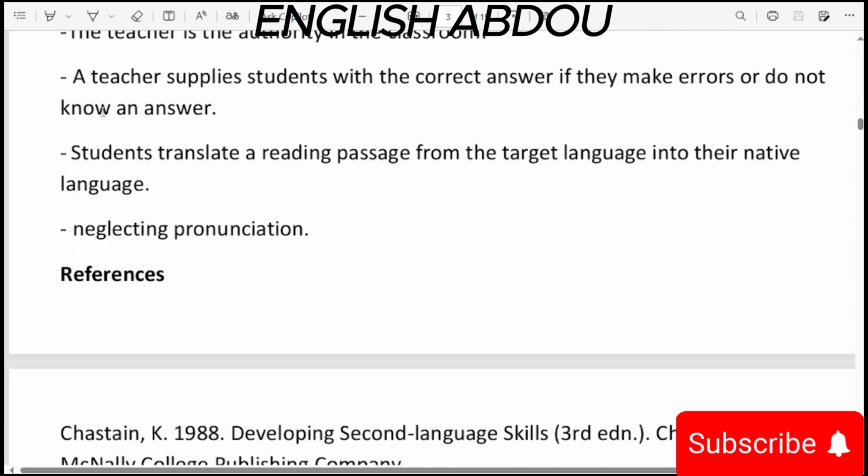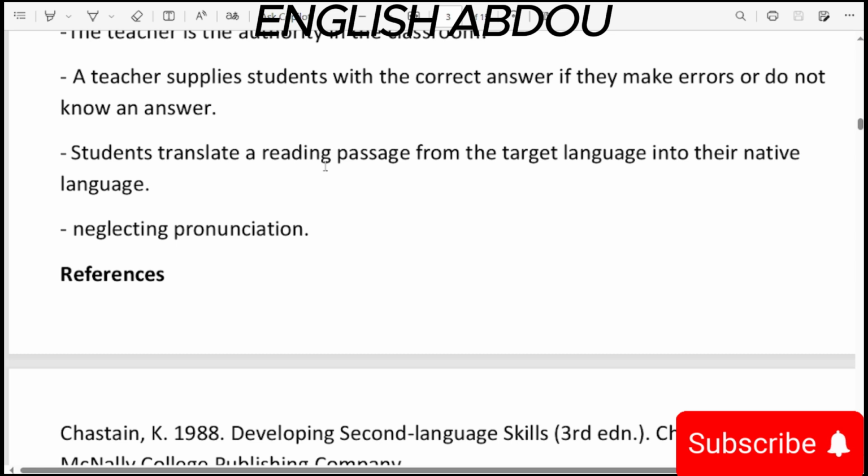A teacher supplies students with the correct answer if they make errors or don't know an answer. So the teacher from the beginning gave the answer without giving students time to think about it, and of course they are angry about the errors. Okay? They don't like errors.